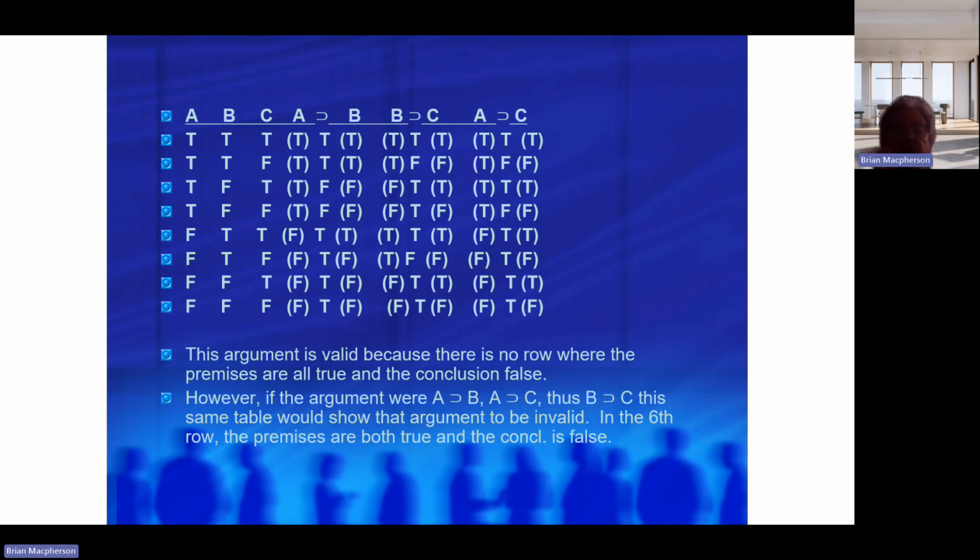Now, since there are 3 variables, it's going to be a little more complicated, right? And we want to make sure that we exhaust all 8 possibilities. So to do that systematically, for the first column A, it's going to be n divided by 2. So it'll be 8 divided by 2, which is 4 truths, followed by 4 falses.